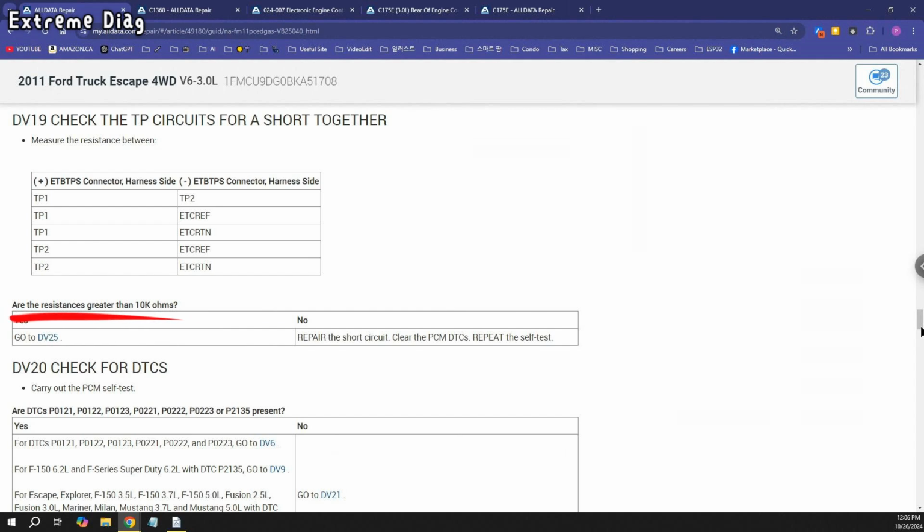All readings are OL. The question is whether the resistance is above 10,000 ohms. The answer is yes, so proceed to DV25.